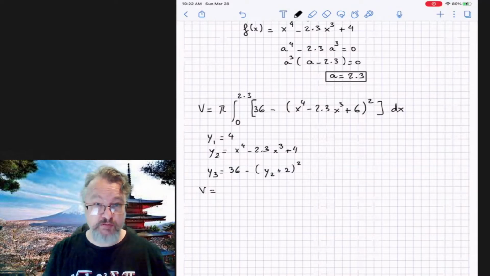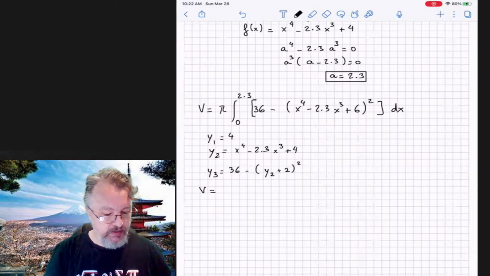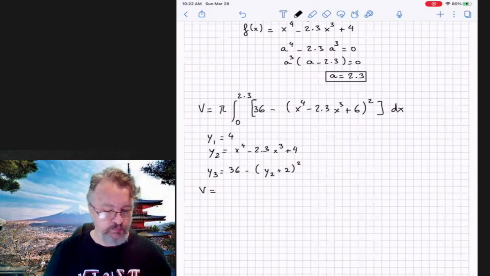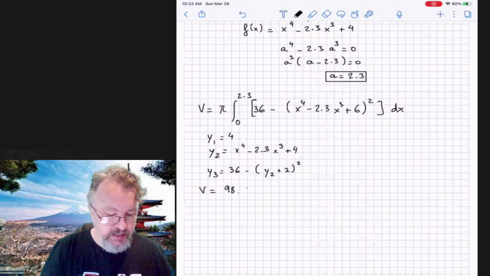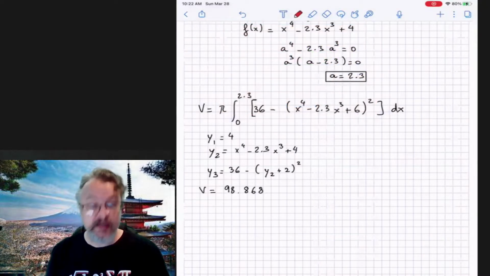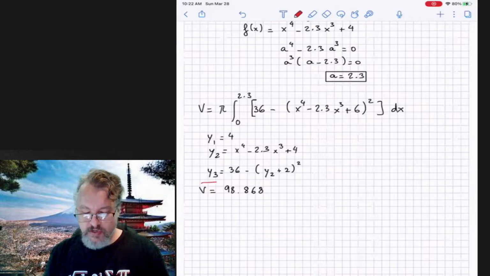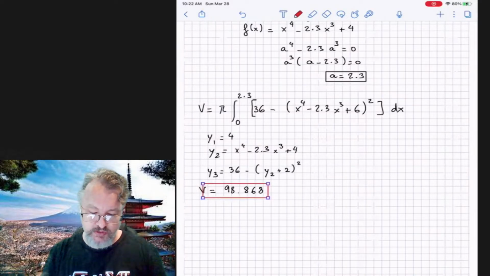Now, don't forget to multiply it by pi. There is a pi in front of it. So I'm going to do this times pi. And that's going to give me 98.868. Remember, on the AP test, they usually ask you to have 3 values after your decimal points, okay?